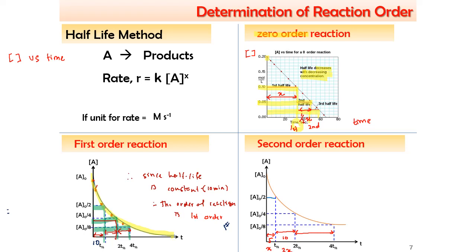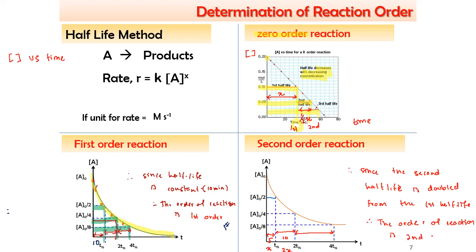Right, so if you see this trend ataupun pattern, you can say that since if you want to prove ataupun show whether this is second order, so you can write this conclusion: since the second half-life is double from the first half-life, therefore we can deduce that the order of reaction is second order with respect to the concentration of your reactant lah.